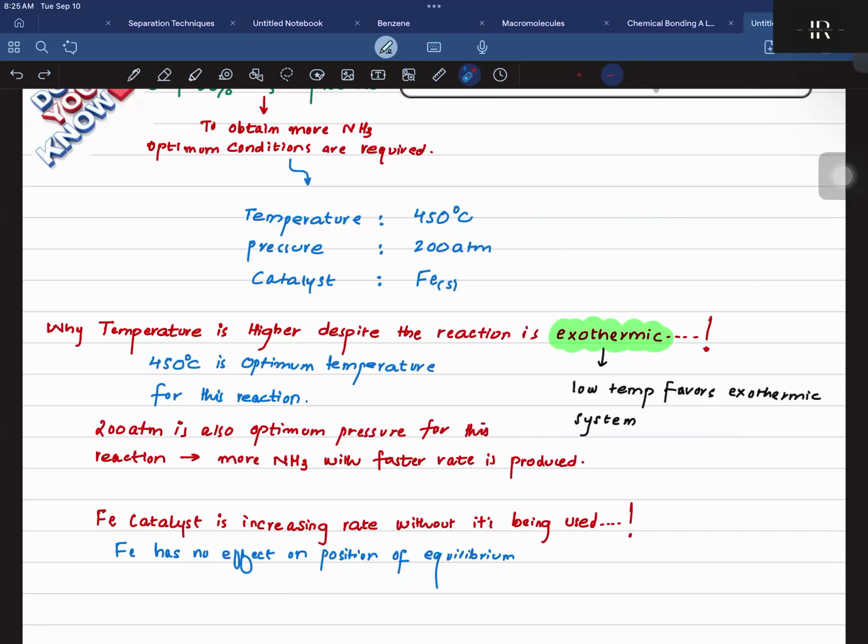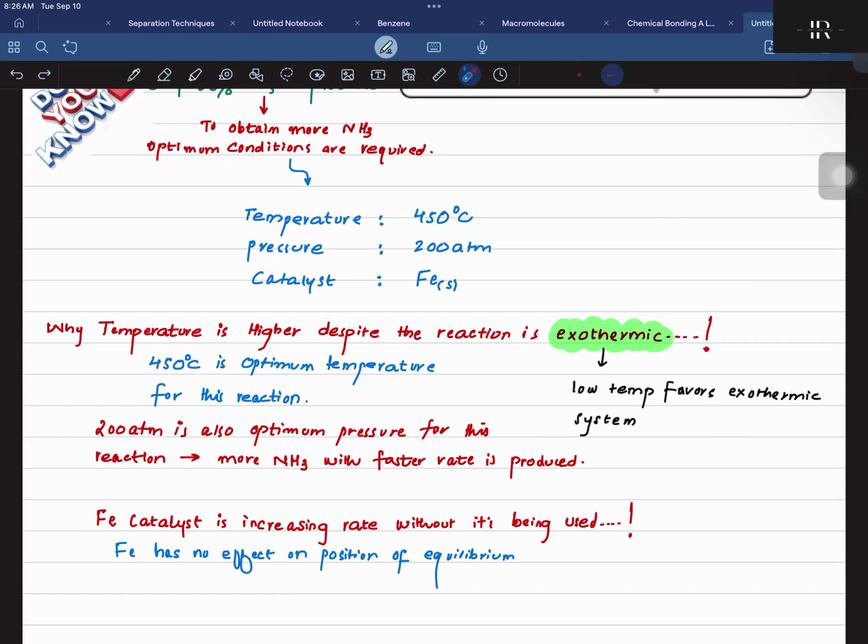Also, if you can imagine, if you increase the pressure, the particles come closer to each other. When they come closer, they collide with each other, so obviously the rate of reaction also increases.